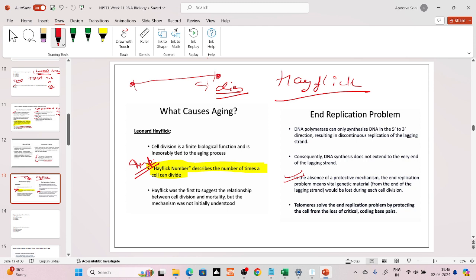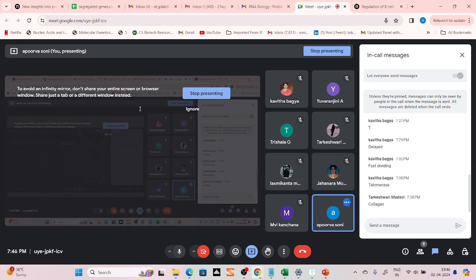This problem is solved by the enzyme telomerase, which protects the cell from the loss of critical coding base pairs. This protection is specifically needed in germ cells and in stem cells. Is it clear up till now? Is it clear to everybody?